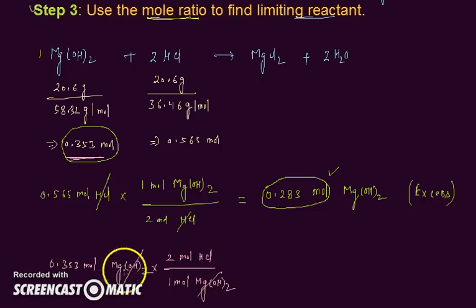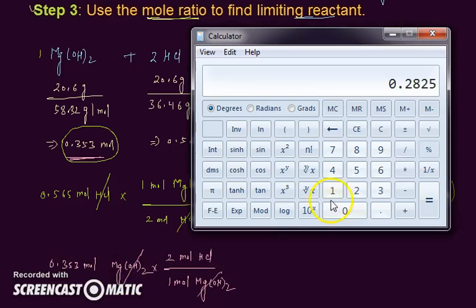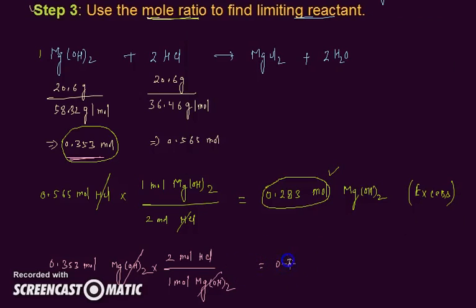These moles will cancel out. Now we can multiply these numbers. Here we have 0.353 multiplied by 2. The value we get is 0.706. These are the moles of HCl required in the reaction.